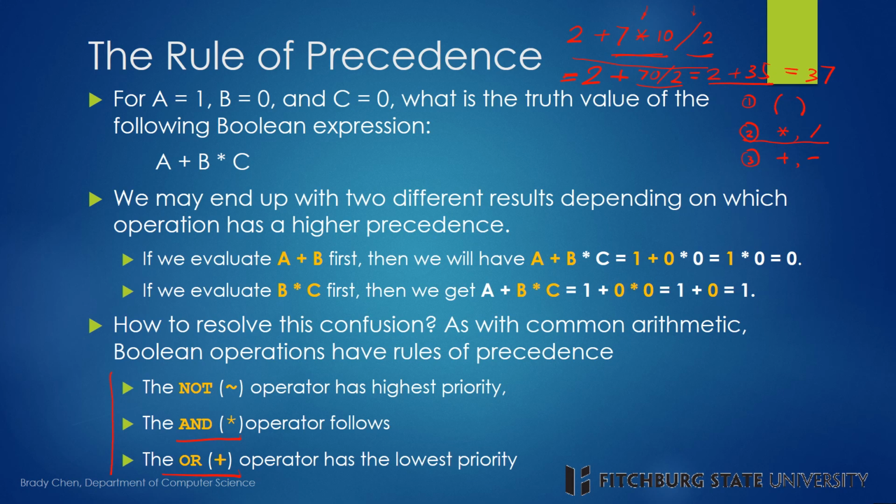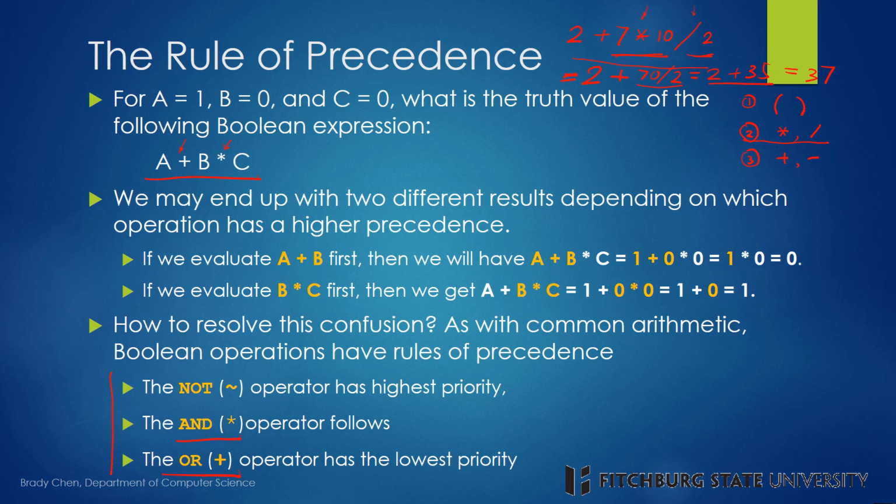In this particular case, we have A plus B asterisk C. That's OR, that's AND, and there's no NOT operator.